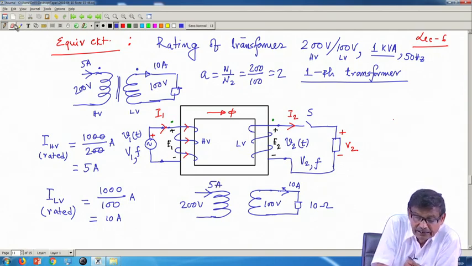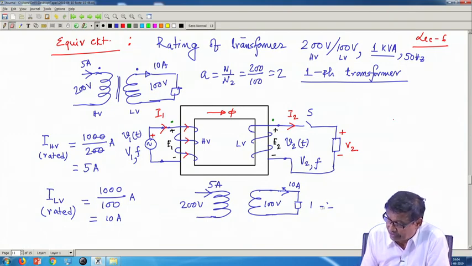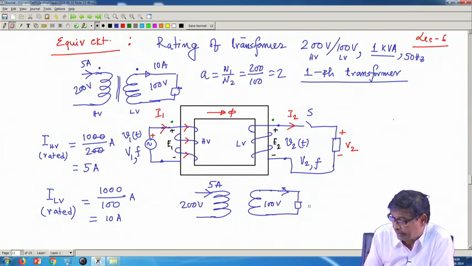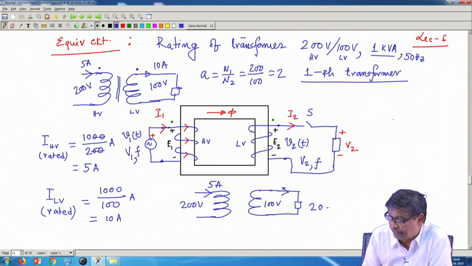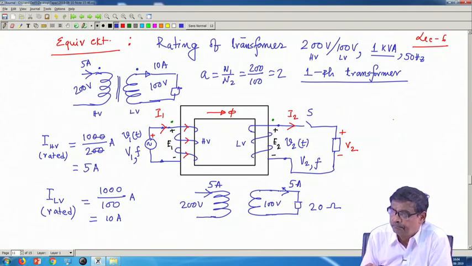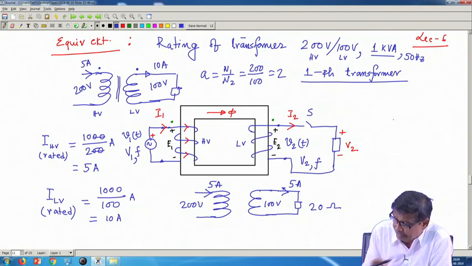Okay. These things I will do quickly, so that things go to your mind. Suppose somebody connects 20 ohm impedance here, then this current will be 5 ampere, and it is well below the rated current, it is allowed.